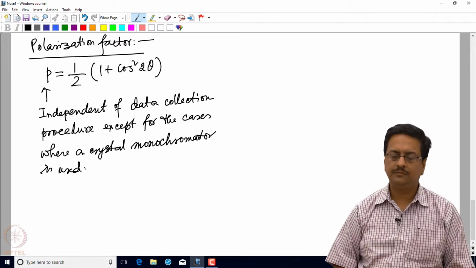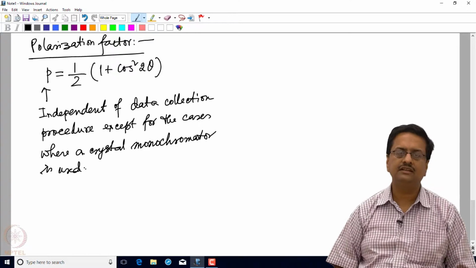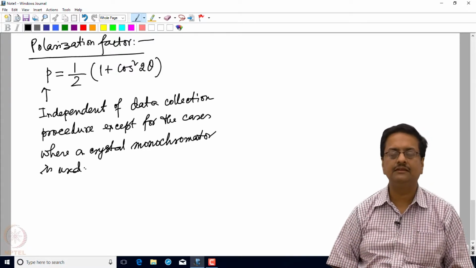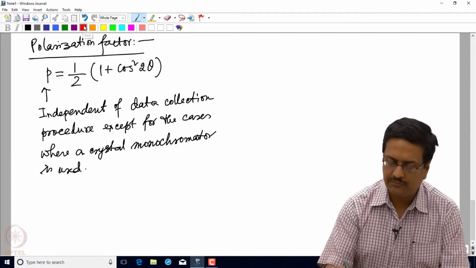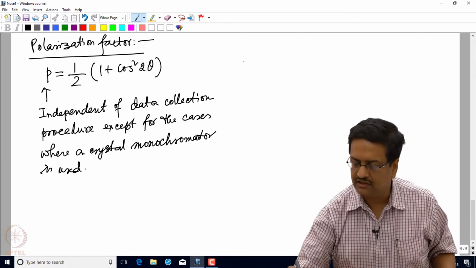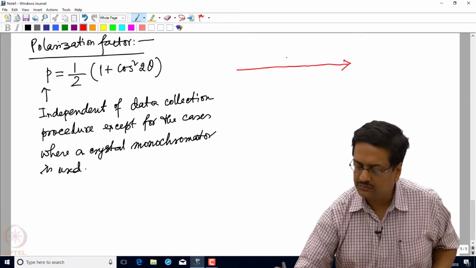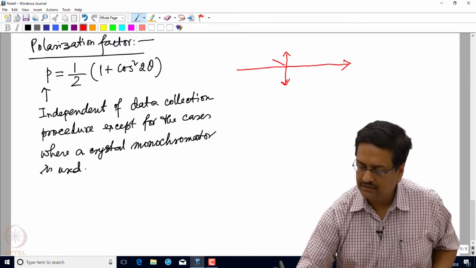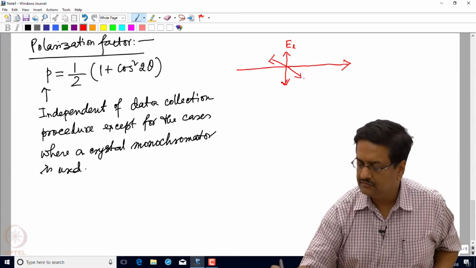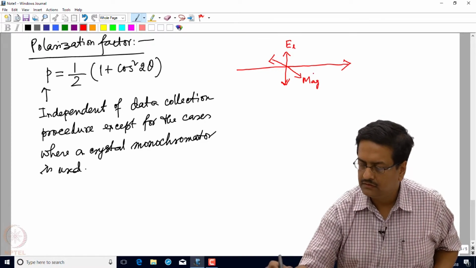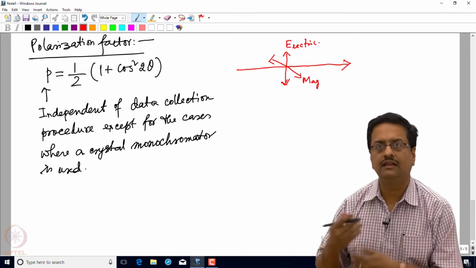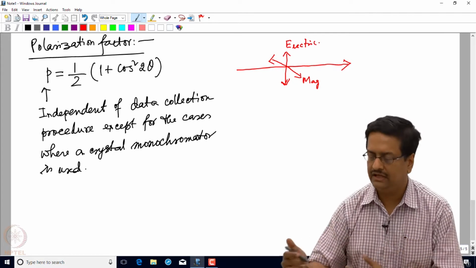This polarization factor P arises from the nature of the incident beam, the polarization of the incident beam. A general incident beam which is used for X-ray diffraction measurement is unpolarized in a sense that its electric vector and the magnetic vector are perpendicular to each other and they are in all possible directions.